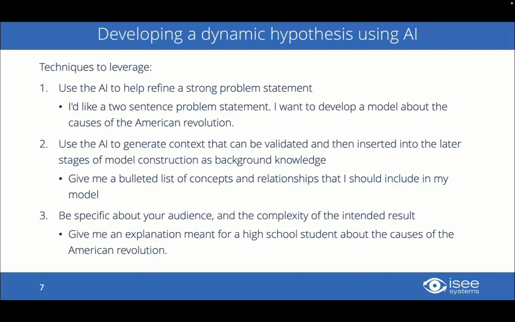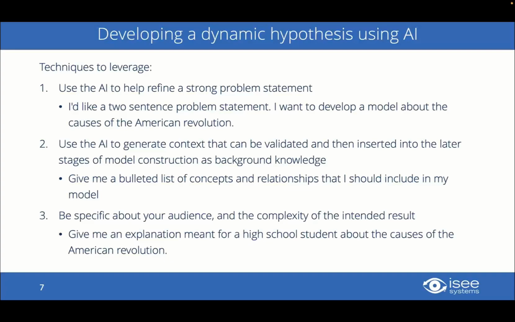Instead, you want to use it for what it's designed for, which is to transform information from one context into another, from prose into a model, or from model into prose. So by generating a bunch of background knowledge that you then validate and correct, you give the LLM something to work with when it starts helping you to build your models.